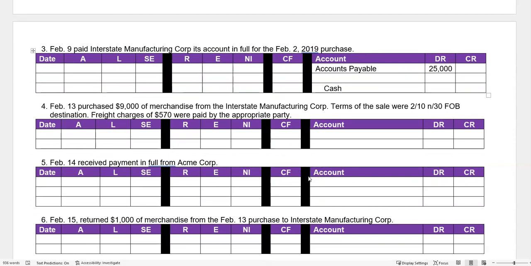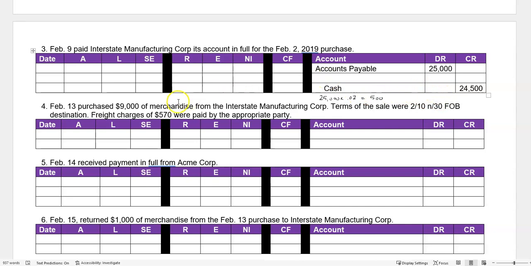So, a couple ways you can do it. 25,000 times 2% gives me $500. So we're getting a $500 discount on these goods. So that means we actually have to pay $24,500. Even though we're paying them that, we get to clean off the full account because we no longer owe them any funds, okay?